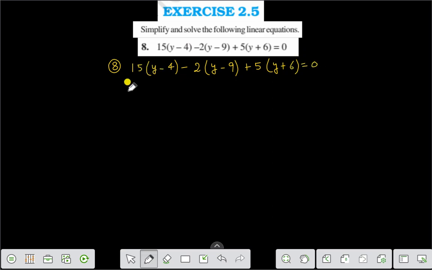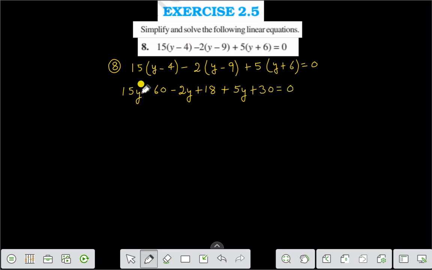We multiply this one, opening the brackets, we get 15y minus 15 into 4, that is 60, minus 2y, minus into minus is plus, 9 twos are 18, plus 5y, plus 5 sixes are 30, is equal to 0.